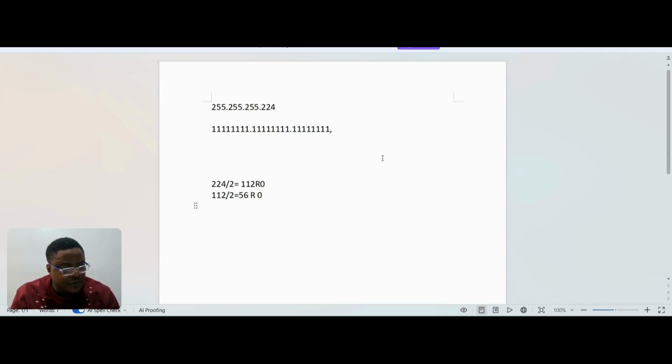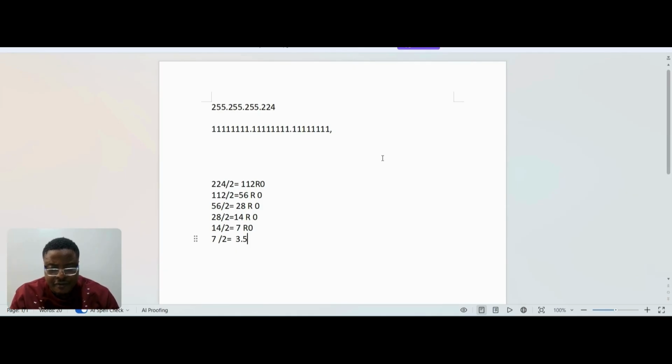Then 56 divided by 2 is equal to 28, remainder 0. 28 divided by 2 equals 14, remainder 0. 14 divided by 2 equals 7, remainder 0.